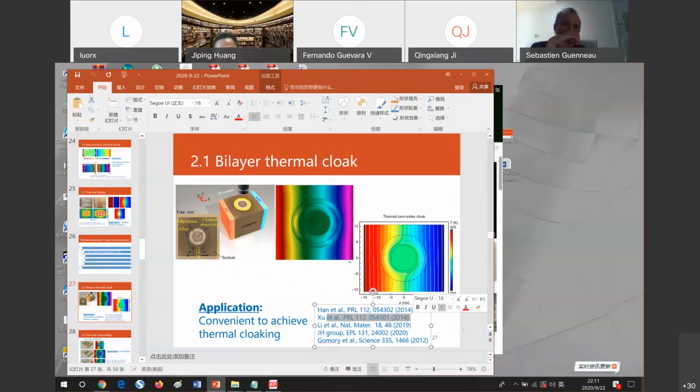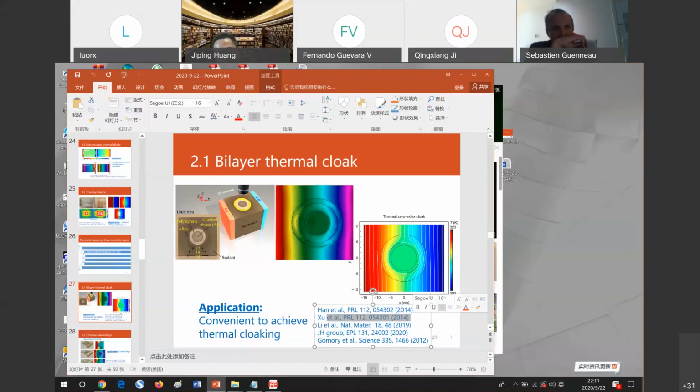So anyway, from a physical point of view, no matter whether 2-dimensional or 3-dimensional, they share the same theoretical mechanism. And for fabrication, 3-dimensional is much more difficult than 2-dimensional.